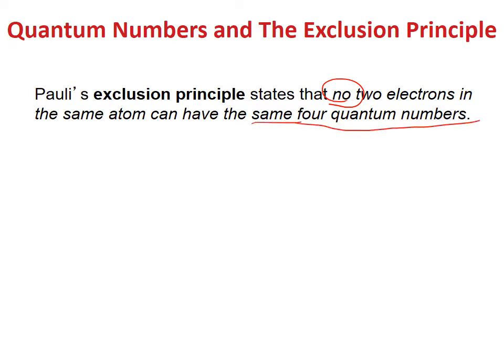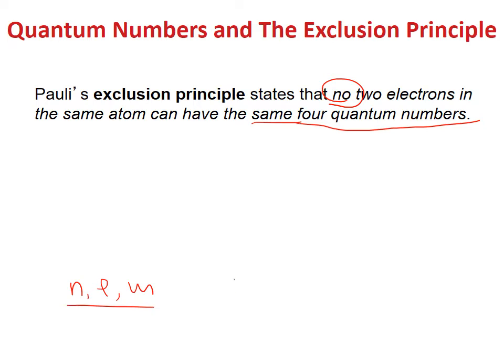So let's assume you have 2 electrons. They have same N, L, and M. Note that N, L, M describe the orbital. So if 2 electrons have same N, L, M, they are in the same orbital.